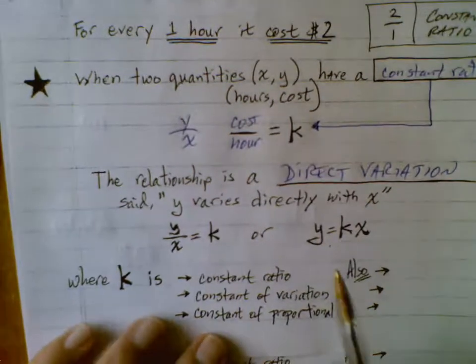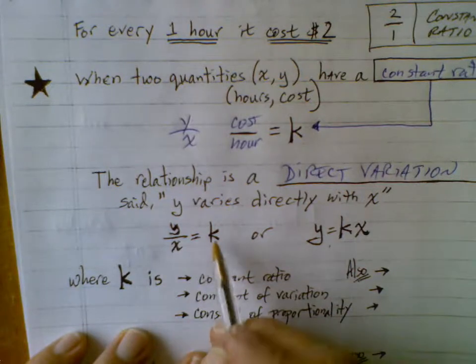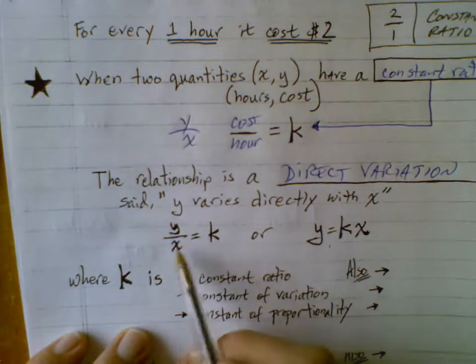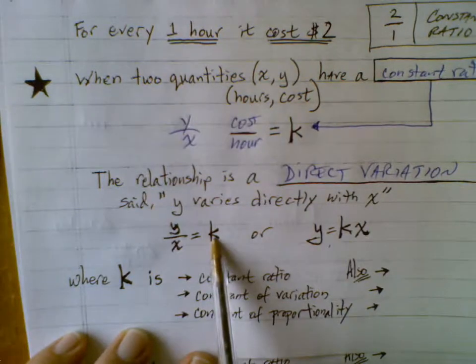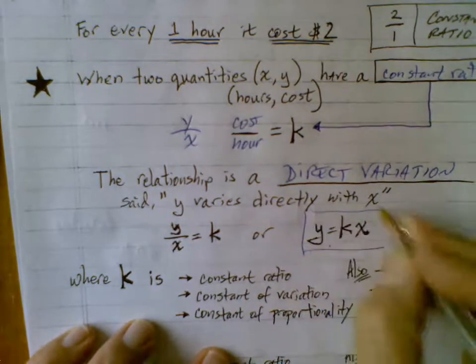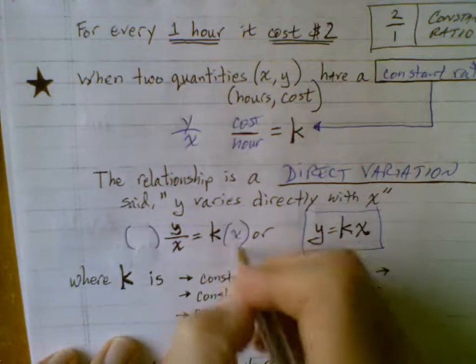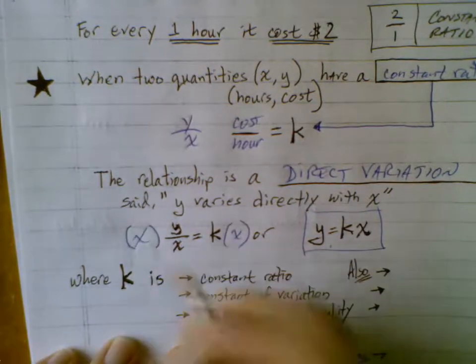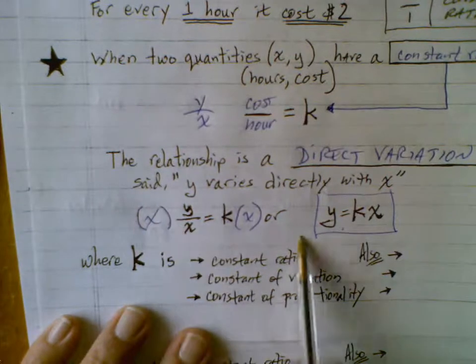And there's two ways it's written. You'll see it written this way. So we have a constant ratio. That means when I put any y value over any x value at any point, I always get the same number, the same value. The other way it's written is y equals kx. If I multiply both sides by x, you can see in this example, the x's will drop out, and I'll have y equal kx.